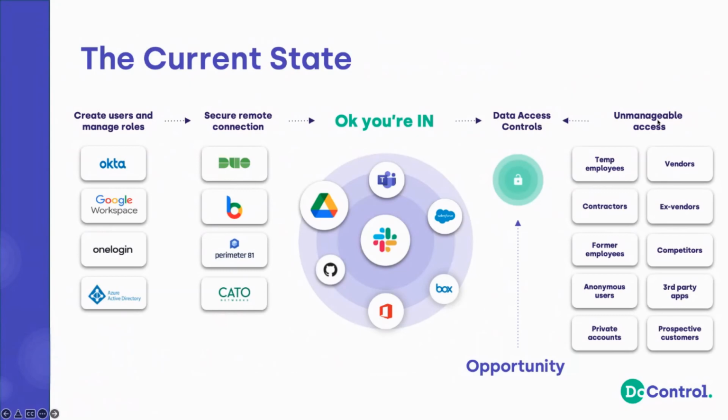So when we look at the current state, identity is the new perimeter, right? Most organizations have identity solutions in place, whether it's an IDP, identity and access management, a combination of tools and technologies that help secure access at the identity level. So within each organization, you have different users.